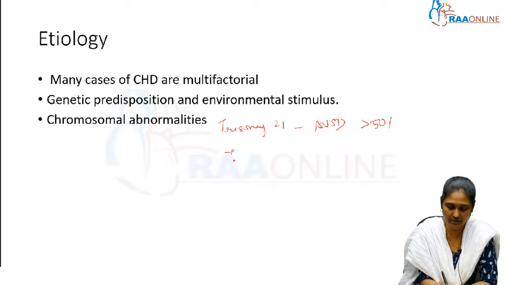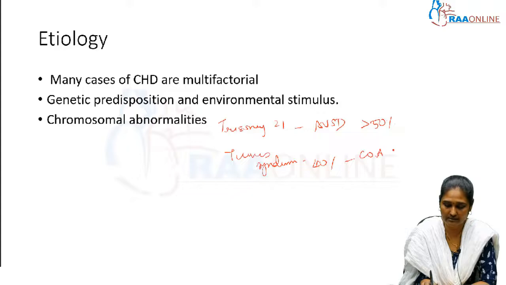In Turner syndrome, almost 40% of children will have cardiac disease like coarctation of aorta or mitral valve prolapse.